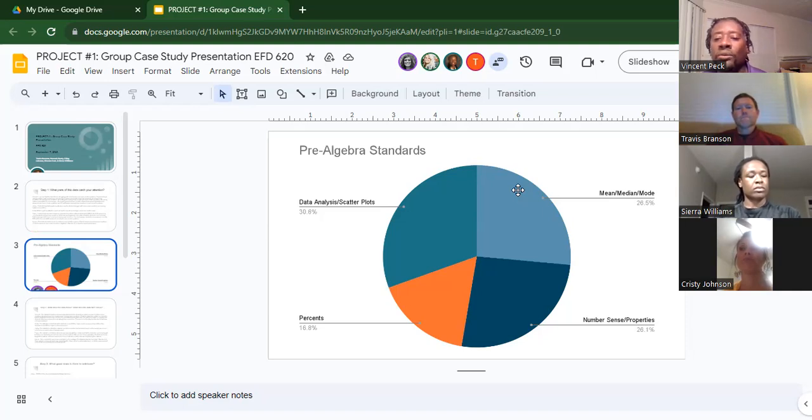Mean, median, and mode was 26.5% of the pre-algebra standards. Percents was 16.8%, and number sets properties was 26.1%. So a large portion of pre-algebra standards was related to data analysis and scatter plots, and a smaller percentage was dedicated to percents.